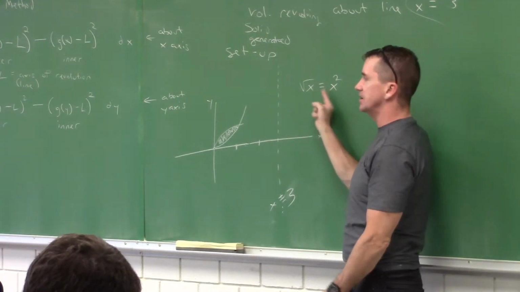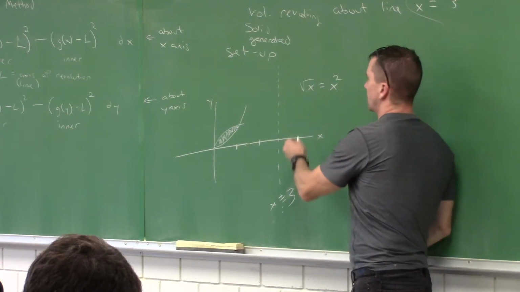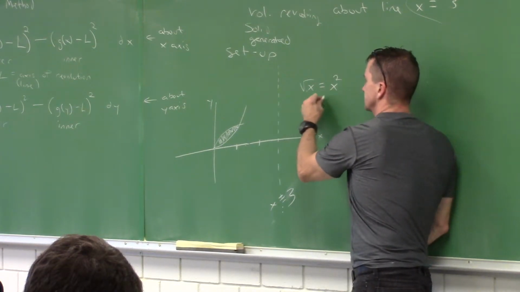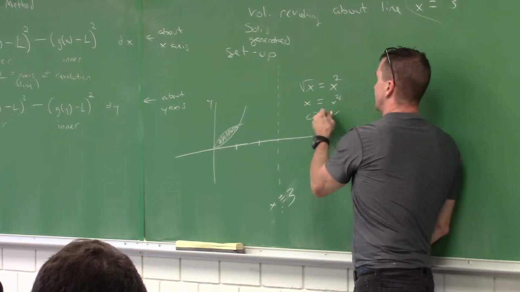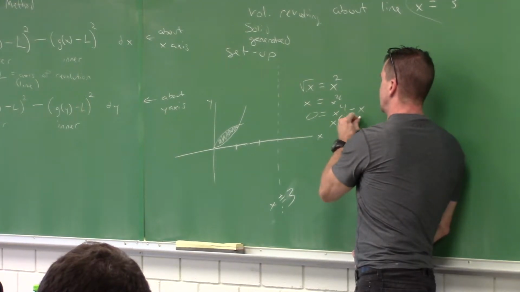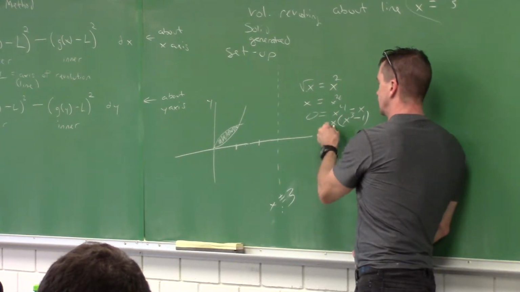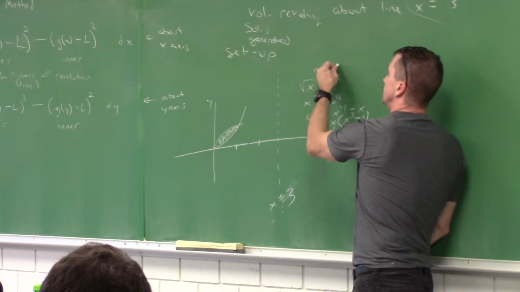Of course, you could square both sides. You get x and x to the 4th, and you can factor this. But I think a lot of you realize you didn't even have to do that, did you? You still get the values 0 and 1. This is where these two graphs meet, right?